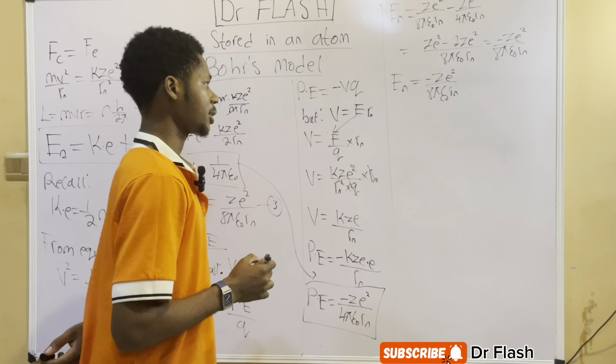And we know that the Bohr radius has a value of around 5.29 times 10 to the power of minus 11.